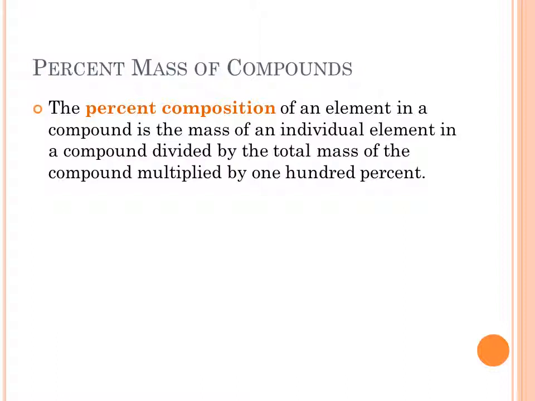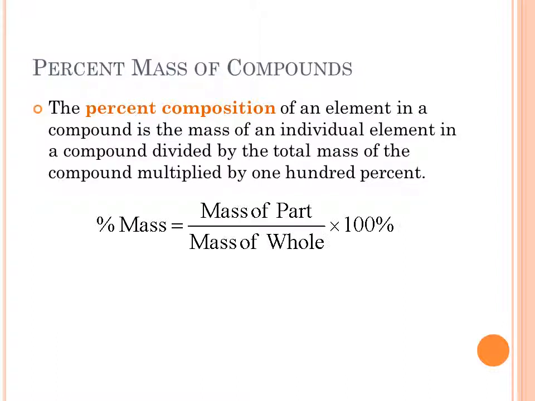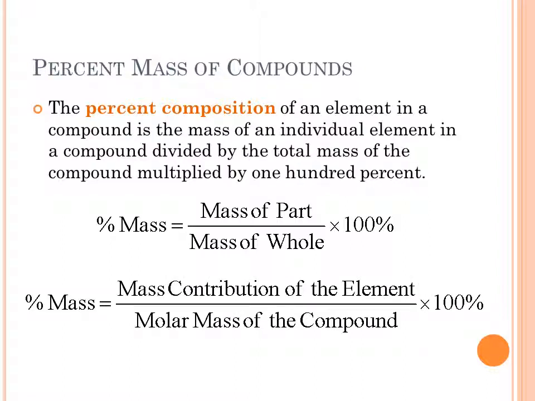And if we just use molar mass, that will just be a theoretical percentage as opposed to an experimental percentage. But the percent mass will be the mass of the part divided by the mass of the whole times 100%. More theoretically, we could say the mass contribution of the element divided by the mass of the compound times 100%.